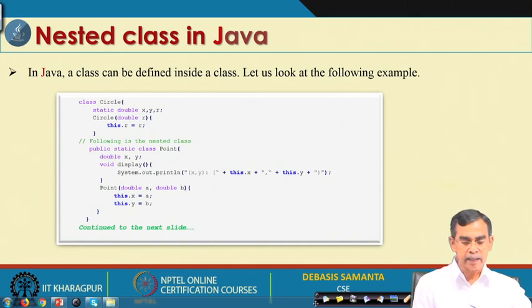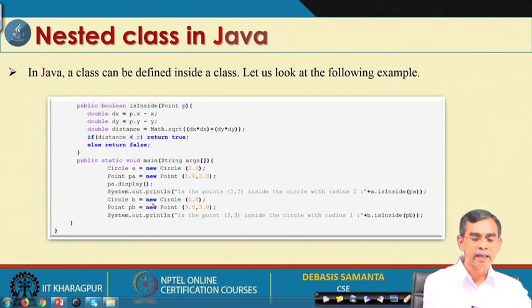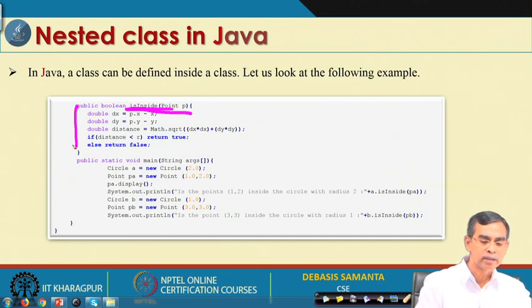Now, let us see the complete code for this. Here is the complete code, and it is very simple. We declare one method within the class circle. The method is of boolean type, and the name of the method is inside, and these are the code of this method. It is very simple code.